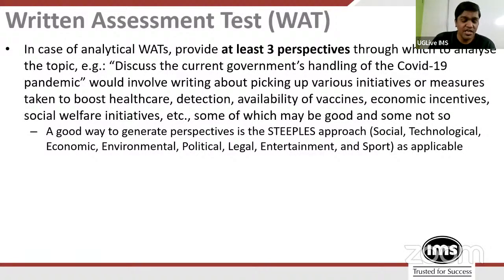Say, for example, the current war does not really have any technological impact. I mean, the recent semiconductor crisis was there, but that's not really related to the current war with Russia and Ukraine. So we can't really write anything about the technological bit. But yes, as many as you can pick from the others, that would be great.